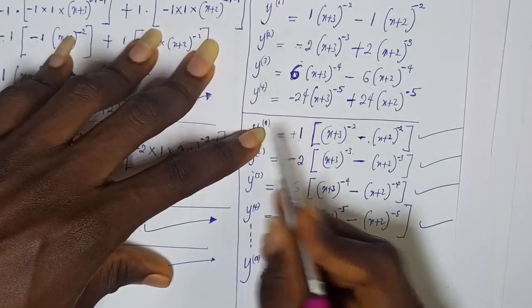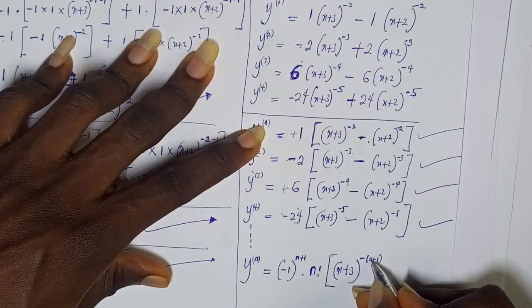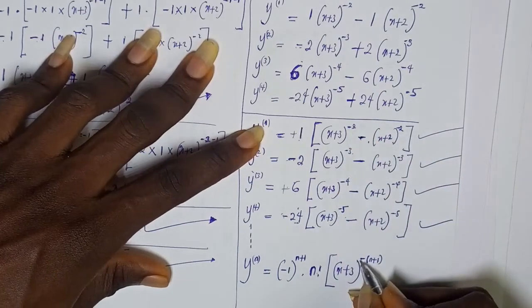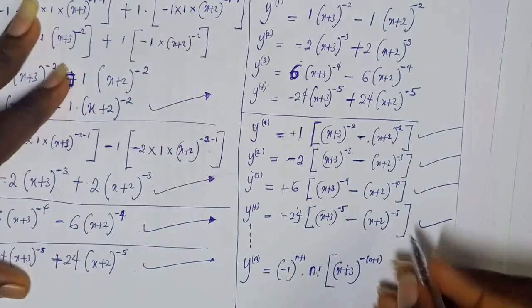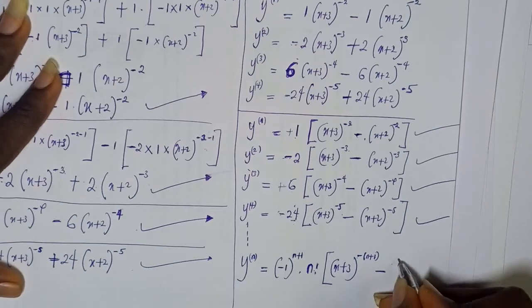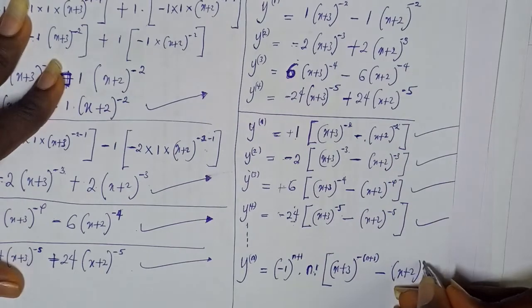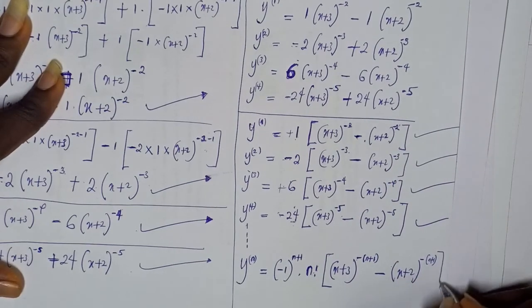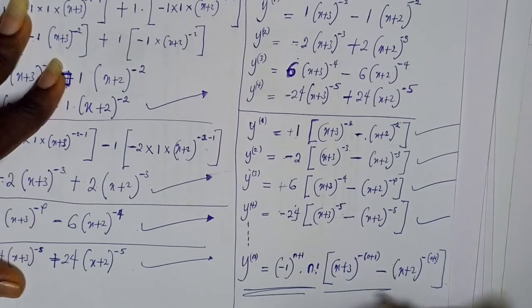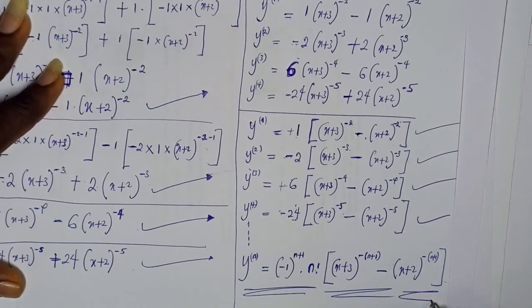When n is 1, I have 1 plus 1, that is 2. So times minus, I have the negative sign. Do you understand that? With a negative sign of x plus 2, the same thing. When I have minus 2 here, then this should be n plus 1 also. So this gives the nth derivative for the question given to us.